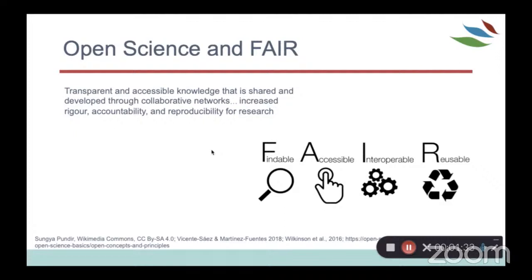And so an additional set of principles that really helps research be synthesis ready, in addition to following open science principles, is this idea of research that is findable, accessible, interoperable, and reusable.